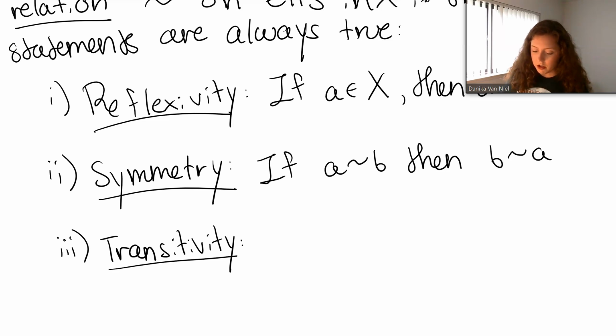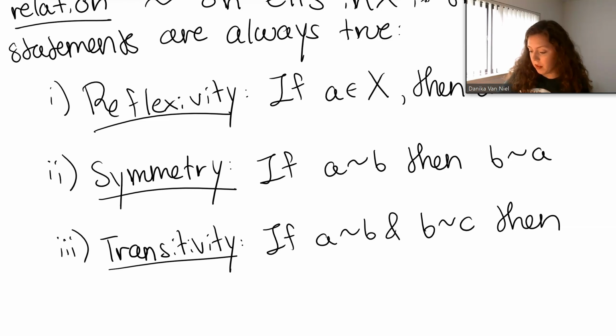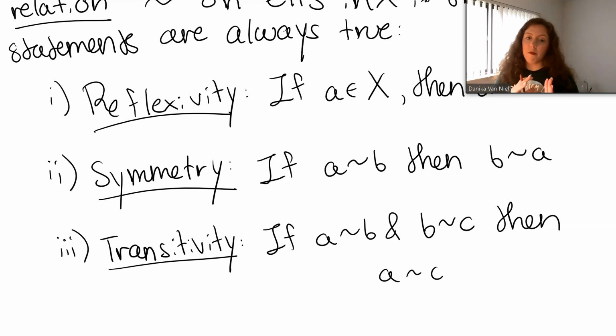You want to make sure a relation is reflexive, symmetric, and transitive before you can call it an equivalence relation. So here's this one: if A twiddles B and B twiddles C, then A twiddles C. If the if part is true, then the then part must be true.